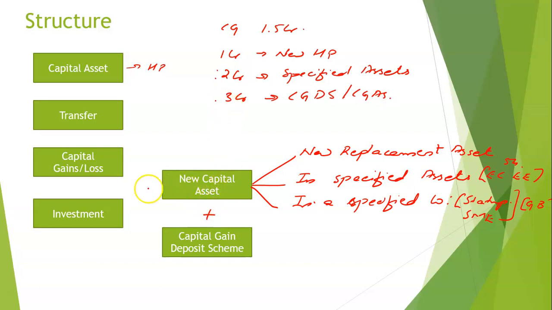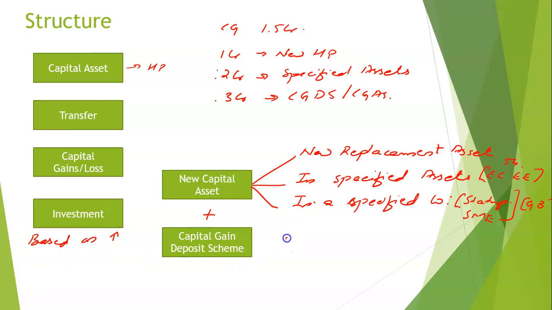Now, based on whatever investment the party makes, the ICAI can get an exemption under sections 54 to 54GB.